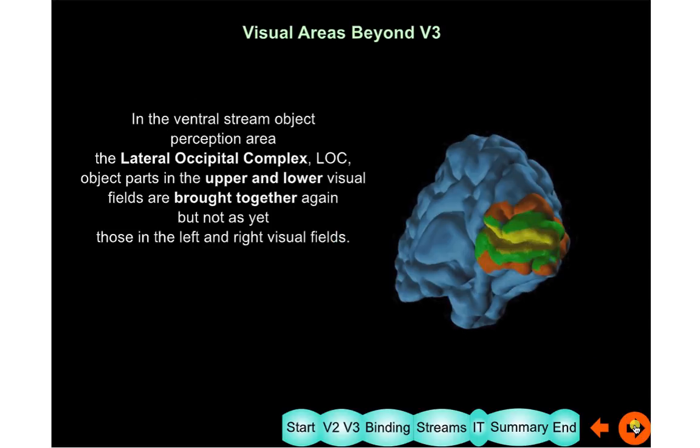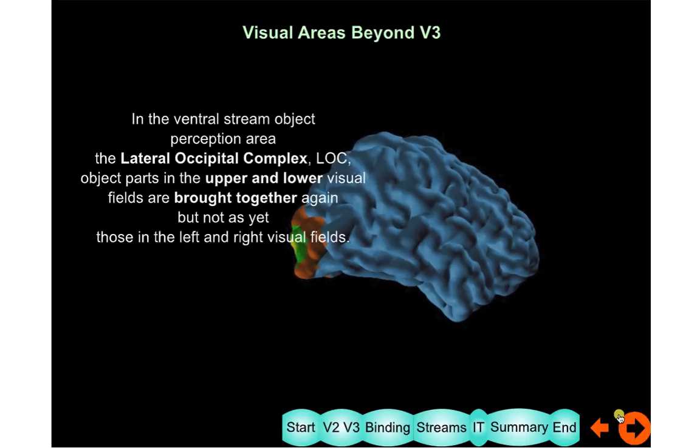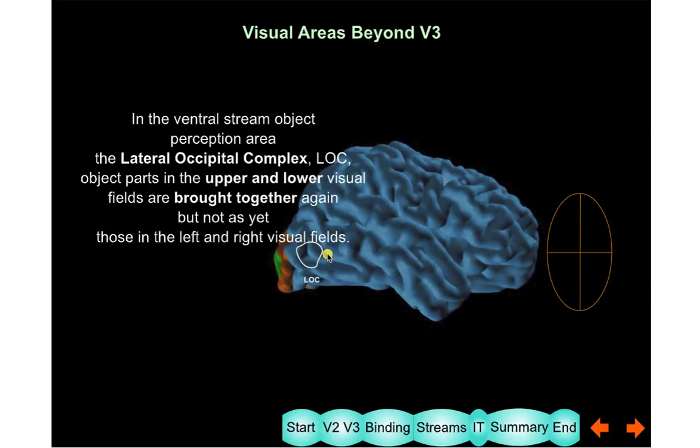So there's a spot here called the lateral occipital complex, and it puts together things that are on the same side. So this one on the right side is interested in what's on your left visual field.